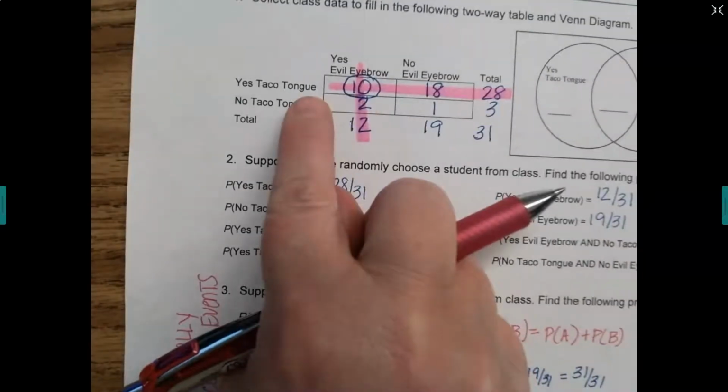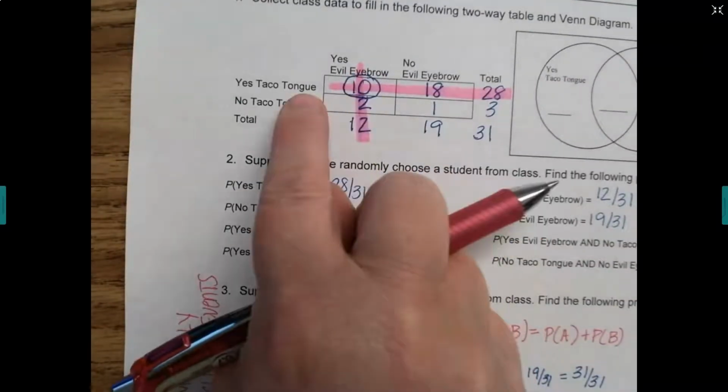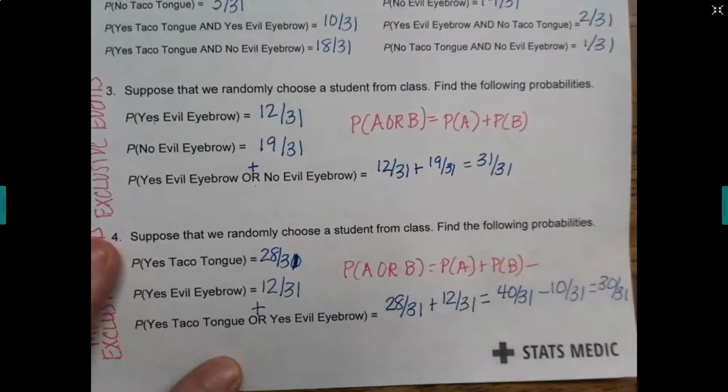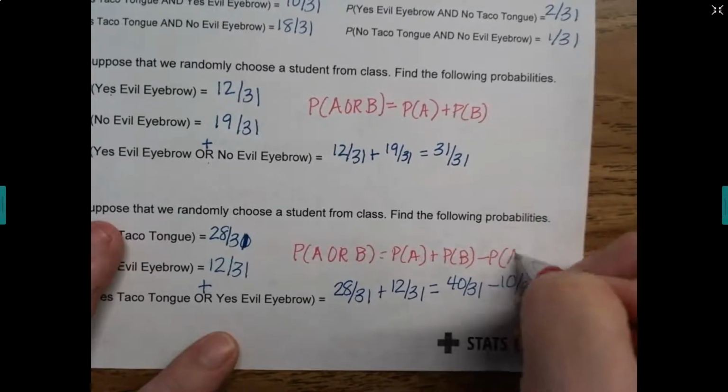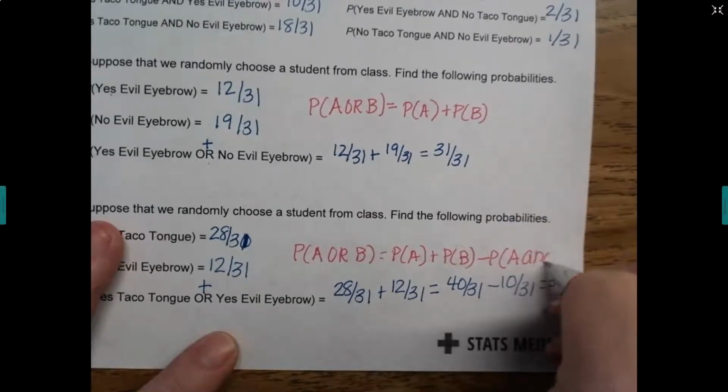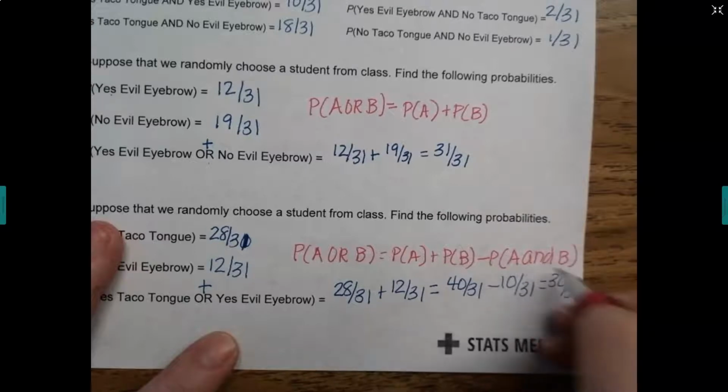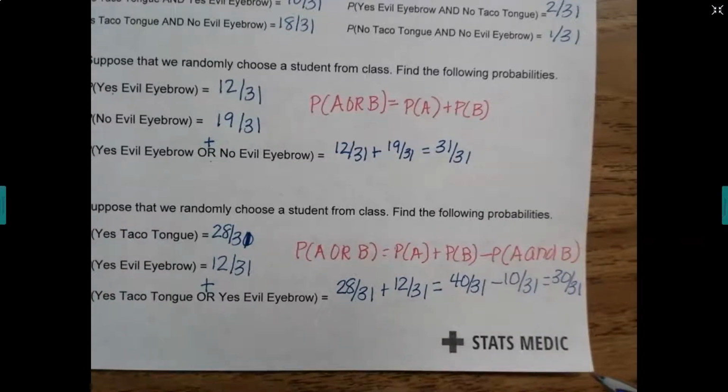These 10 people is where it was both of them together. I had yes, and yes. So we're going to subtract off the probability of A and B. That's where they cross in their two-way table, where they share their outcomes in common. Okay, so they're essentially the same. It's just if you have not mutually exclusive events, you need to remember to subtract off the overlap.